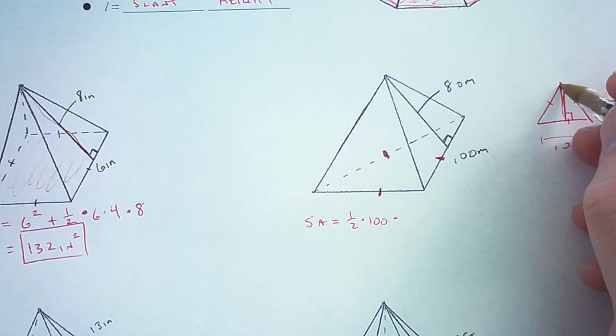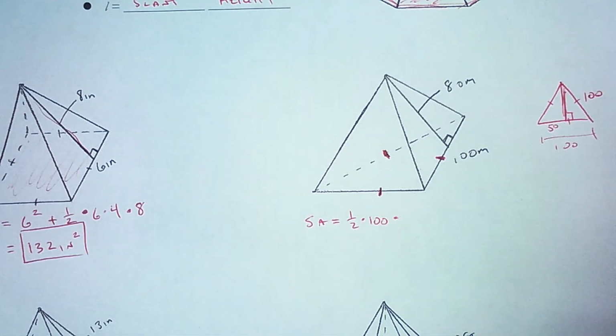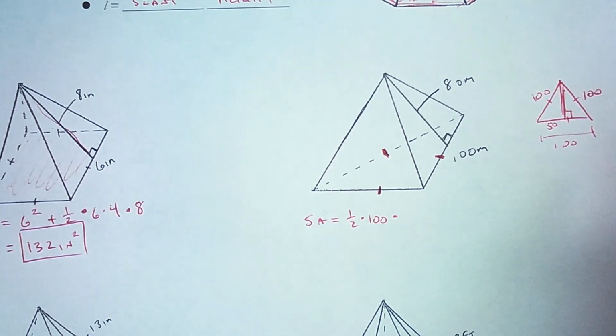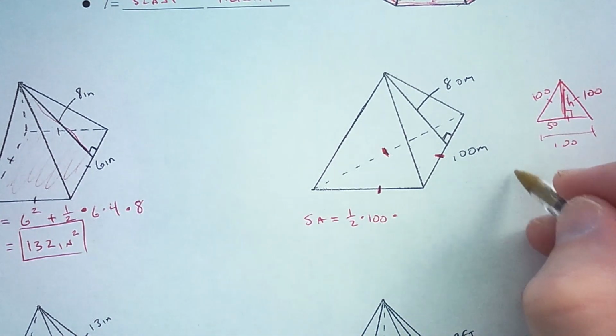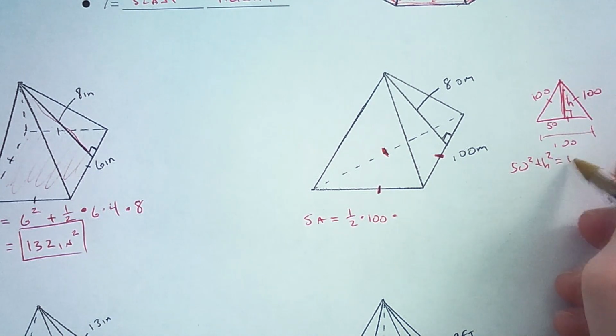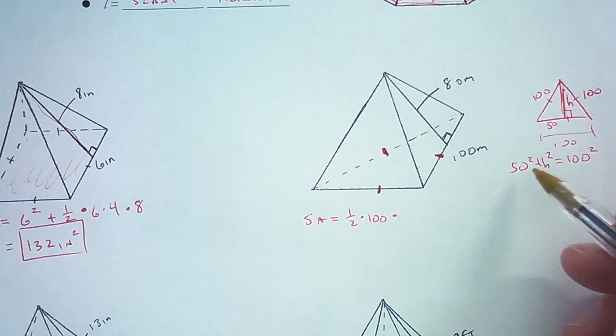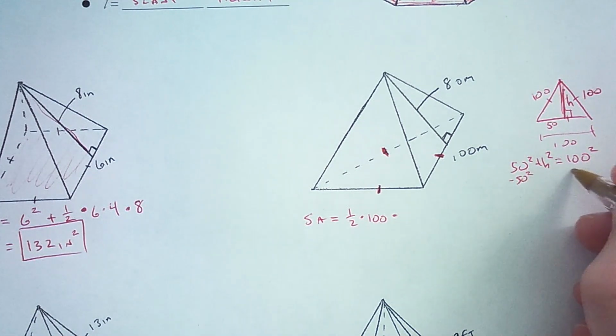For the height, since I've split this in 2, I'll put 50 here and 100 here, and I'm going to use the Pythagorean theorem to find the height. So 50 squared plus h squared equals 100 squared. That's leg squared plus leg squared equals hypotenuse squared. So let's do minus 50 squared.